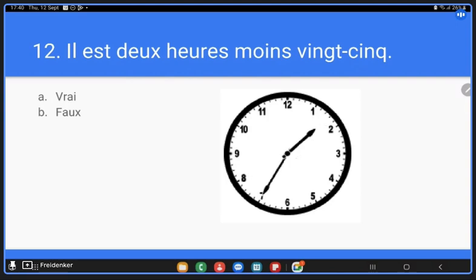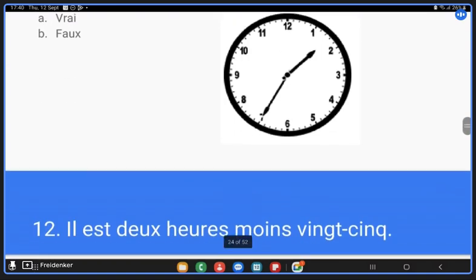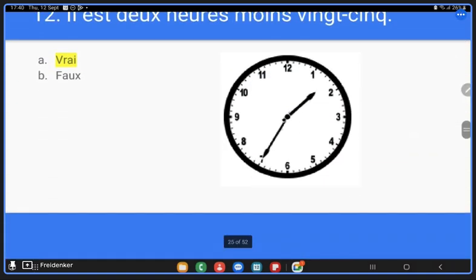Yes, it is true. You can look at the clock. MOINS is like minus, if you remember it that way. It is 2 hours minus 25. Is it true? Yes, it is true. 2 o'clock minus 25 minutes, you'll get this clock. It is vrai, is true.